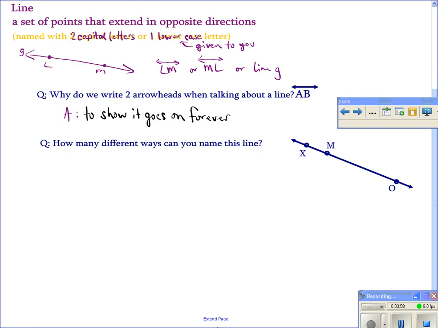All right, we have one picture to add to this discussion on lines. So we have that line with X, M, and O on it, and I want 6 different ways to name that line. So I need 6 different people to help me out. All you have to do is look at these rules up here. I gave you 2 examples up here.